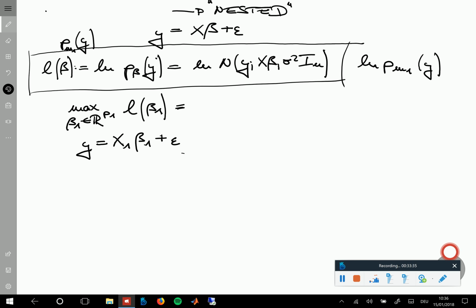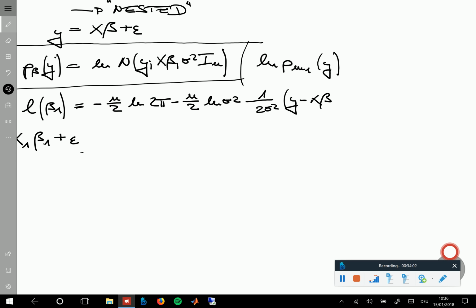So what was it? Minus n over 2 ln 2 pi, minus n over 2 ln sigma square, minus 1 over 2 sigma square times (y minus X beta) transpose times (y minus X beta).